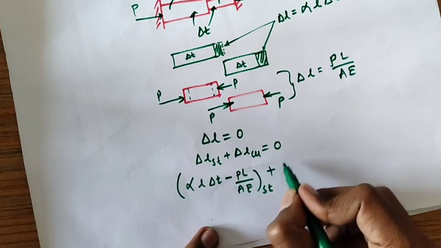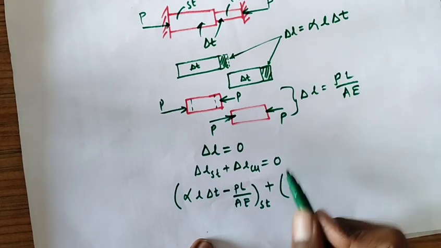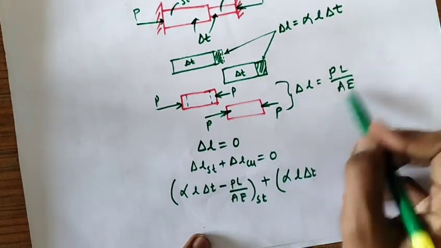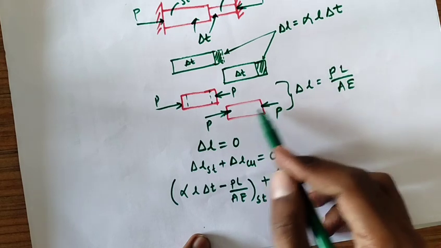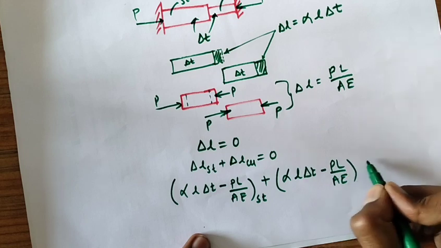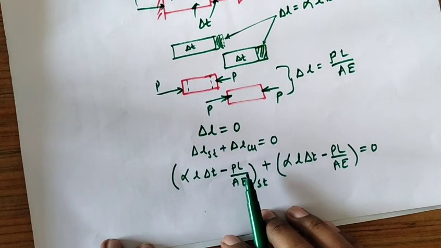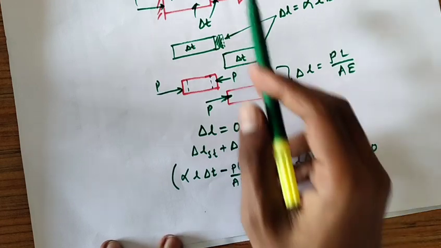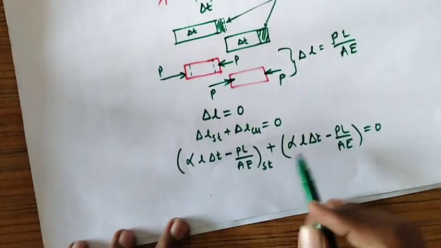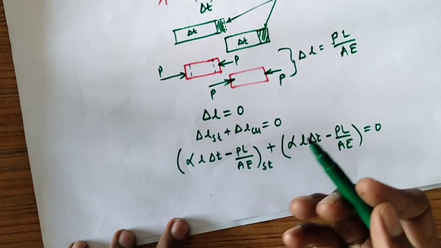Plus, for copper also, the thermal expansion is alpha L delta T, minus PL upon AE of copper, and the sum is equal to 0. This is the expression used to solve problems of this kind. From this, there may be an unknown like force P. If you get P, then you can find the stresses.